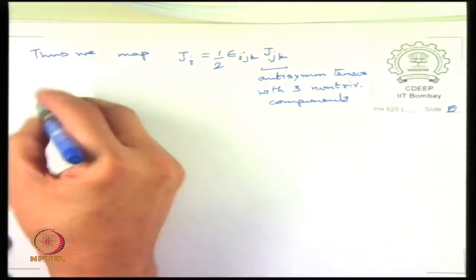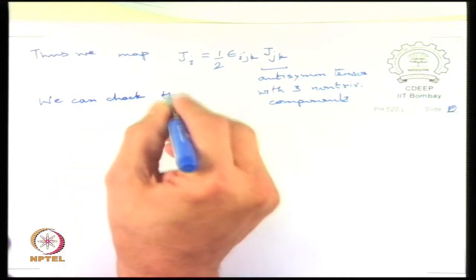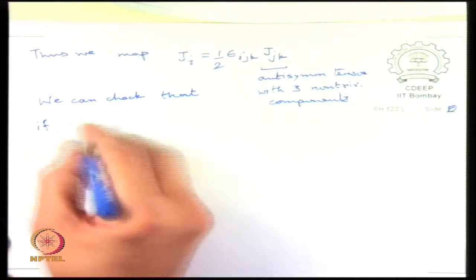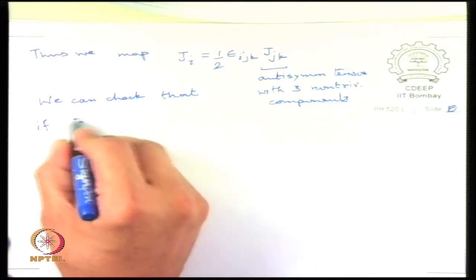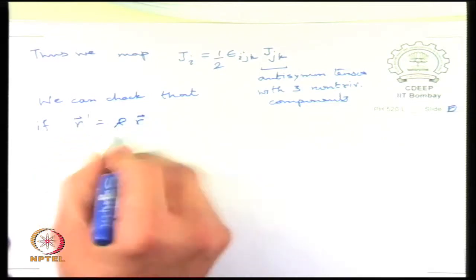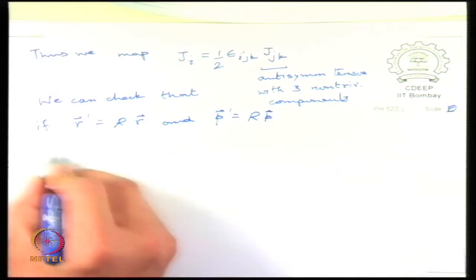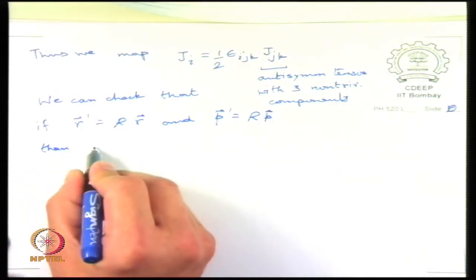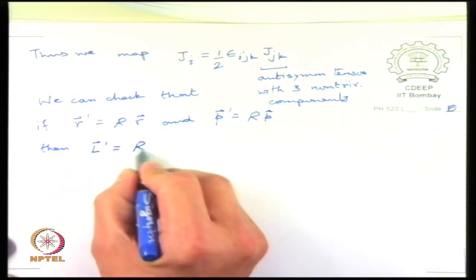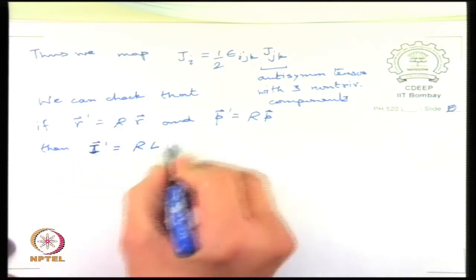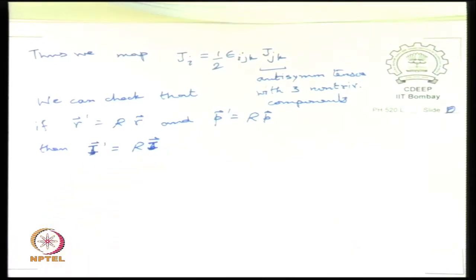And we can check that if R transforms as such, then L or J, we have called it here, J will transform exactly according to the R matrix.